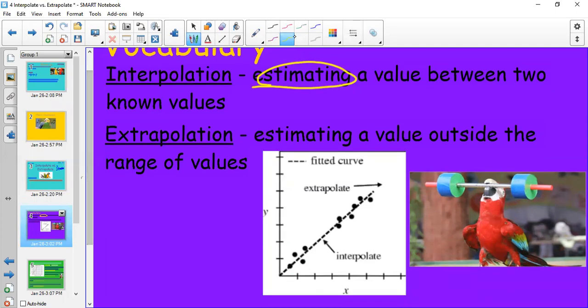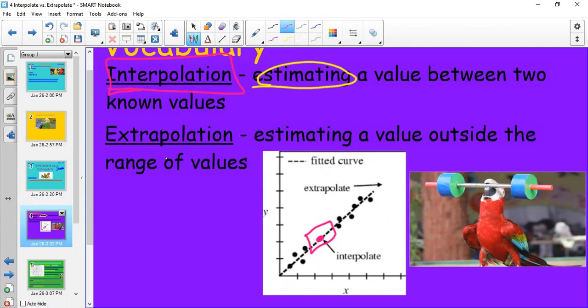If you look down below, you have a scatter plot, and in our scatter plot we have a big space where we didn't collect any data. If I was trying to predict what values would be there, and I said it'd probably be right on the line, that would be considered interpolation. We are making an estimate inside of our data.